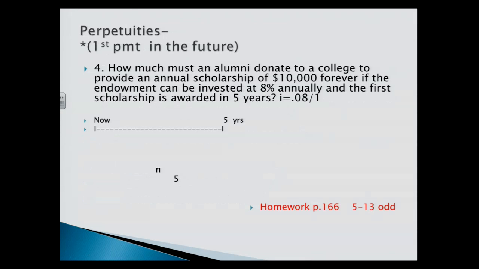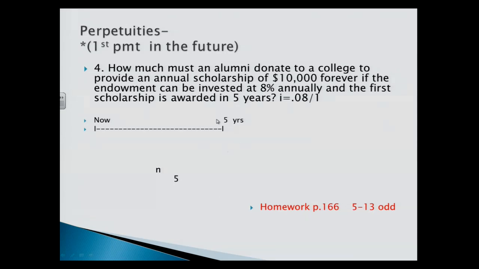Now, the next one is you want to give an annual scholarship of $10,000, 8% annually again. However, the first scholarship is awarded in 5 years. This is similar to the previous slide.